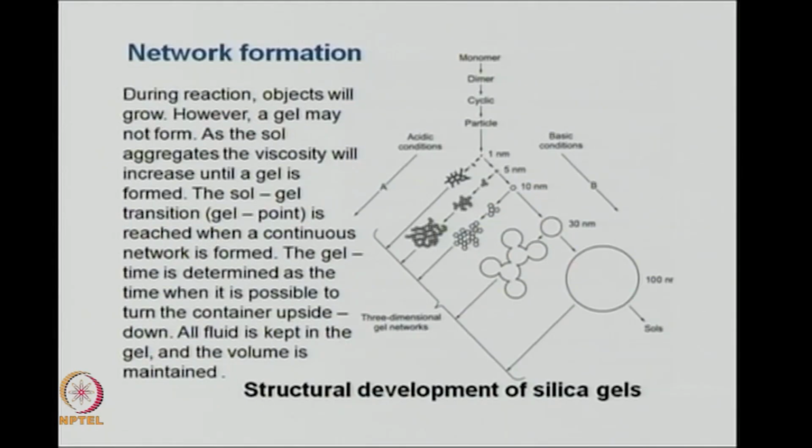When the sol turns into the gel depends on the kind of solvent, because the viscosity is important, and the sol-gel transition is reached when a continuous network is formed. So, when all the particles are interconnected to form one network structure through this hydrolysis and condensation, that is called the gel point, and that is when the continuous network is formed.